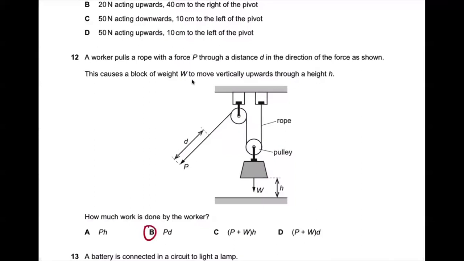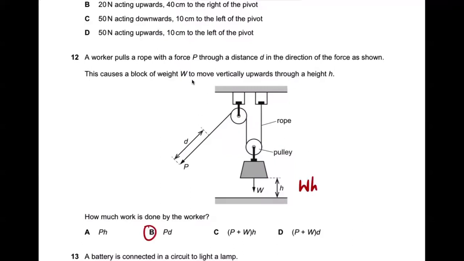Right? Similarly, by the same reasoning, because this force which is applied causes this weight to move upwards, if the answer was WH, this would also be correct. Right? Because of this idea that work done equals energy transfer.